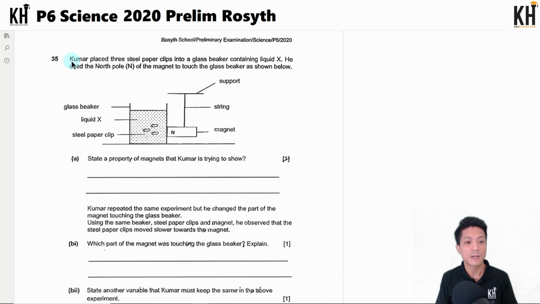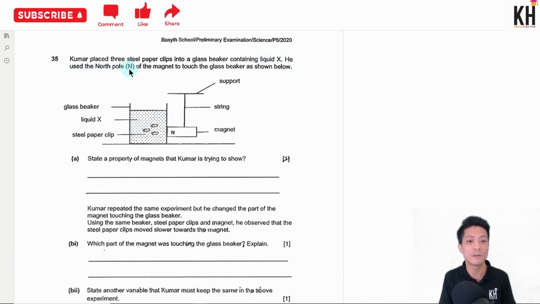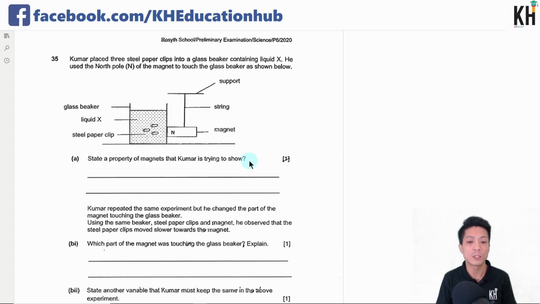Okay, question 35. Kumar placed 3 steel paper clips into a glass beaker containing liquid X. Okay, he used the north pole of the magnet to touch the glass beaker as shown below. Okay, state a property of magnets that Kumar is trying to show.